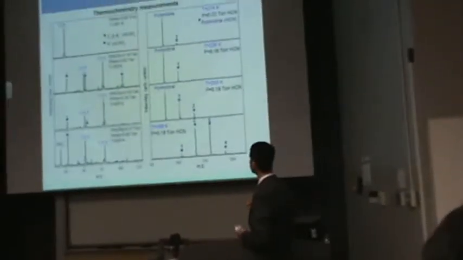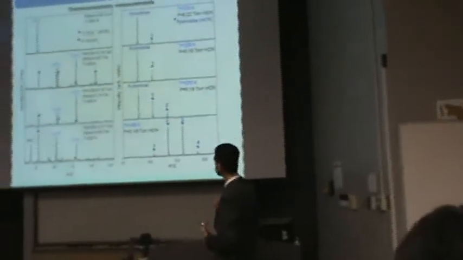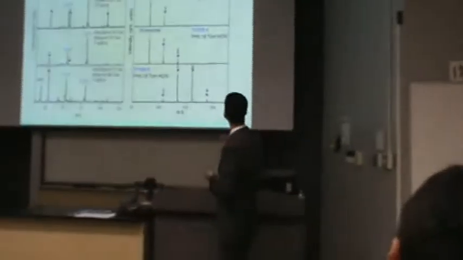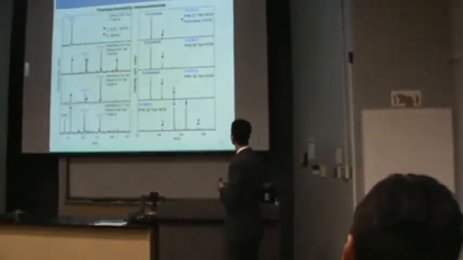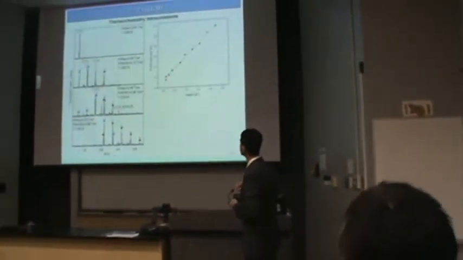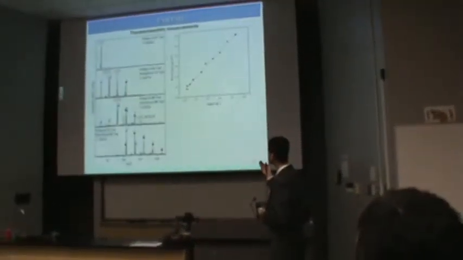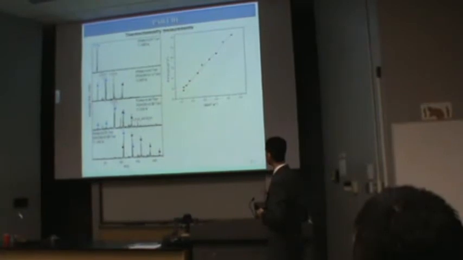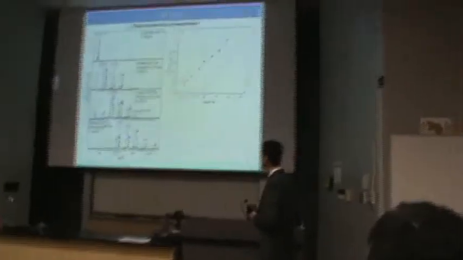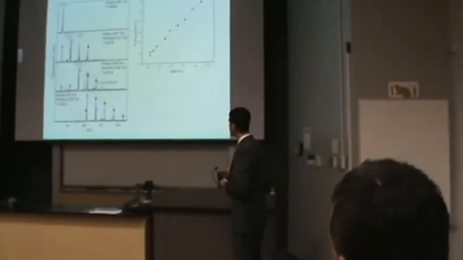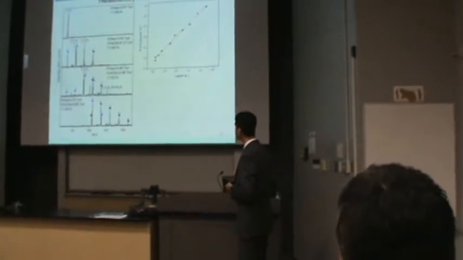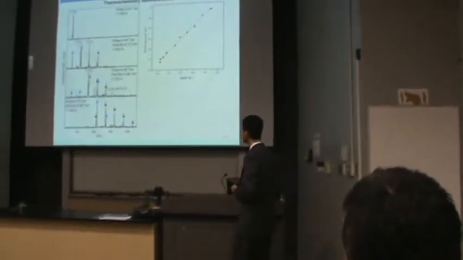So here we have the thermochemistry measurements, in which we have the acetylene interacting with hydrogen cyanide at low temperatures, and we can see here that this is very similar to what we have seen in the case of the pyrimidine radical cation.